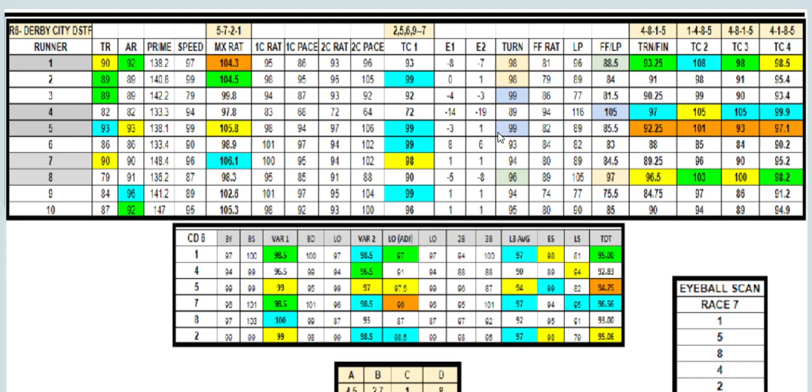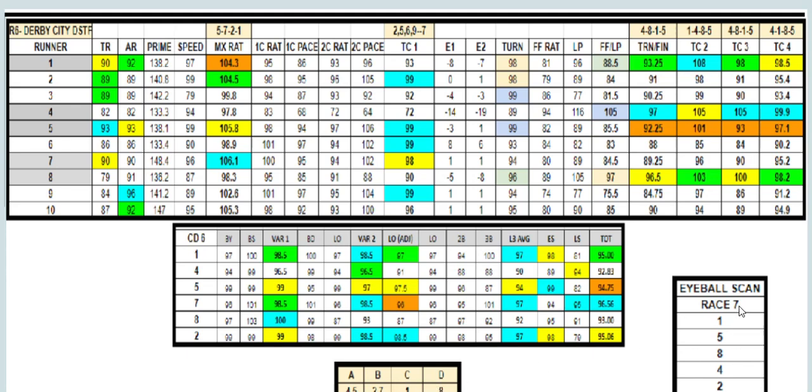How did they finish up? It's solely based on non-quantitative factors here. And I also went back and looked at the PPs to find some things such as moves on the turn, moves in the races, things like that I didn't list on these slides. And that's how I came up with my eyeball scan. That's why it doesn't necessarily match the exact order I have in my A, B, C, and D.